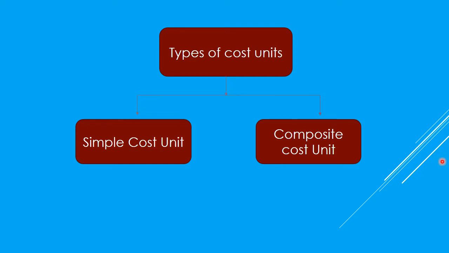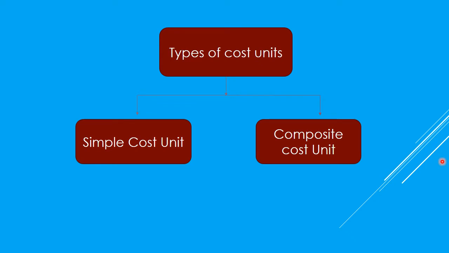Then in the case of transport, we said per passenger kilometer. In the case of cement, it was per ton, only a single unit was used. But in the case of transport, we said per passenger kilometer, a combination of two units. So that is the simple cost unit and the composite cost unit.